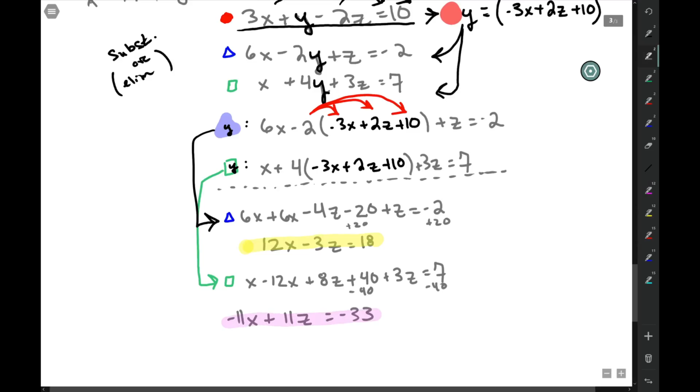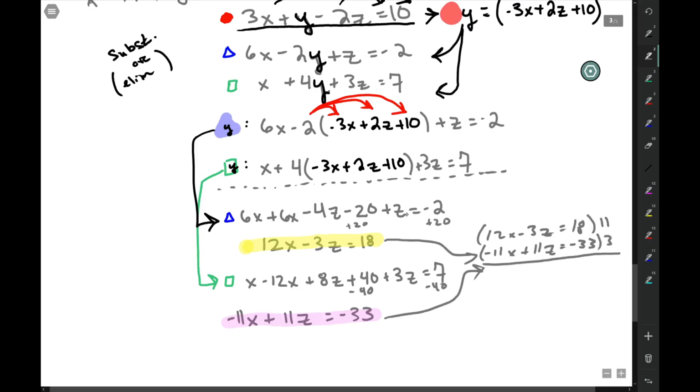With yellow and pink now, I'm going to take both of those and begin to eliminate. So I have 12x minus 3z equals 18. -11x plus 11z equals -33. Nothing off the bat looks like it's going to be easy to eliminate or solve for. So I'm instead just going to shoot for my z's and get rid of those.